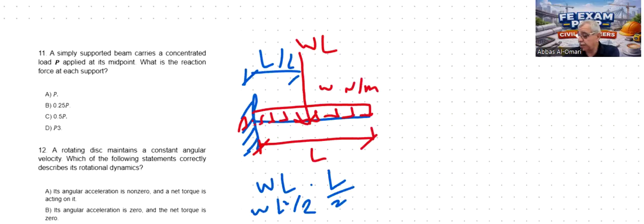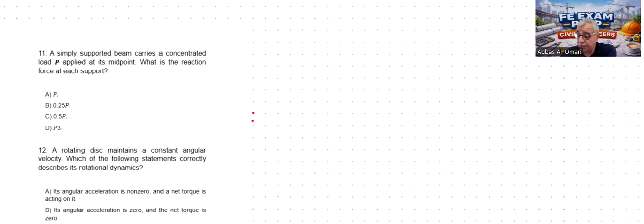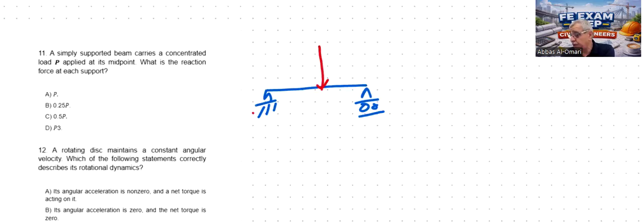So what we have is a simply supported beam with a concentrated load midway. So we have a simply supported beam like this. And there is a load P acting midway. So this is P acting midway. This is L over 2.